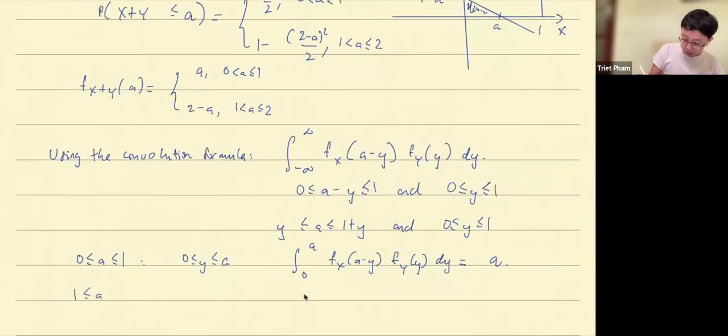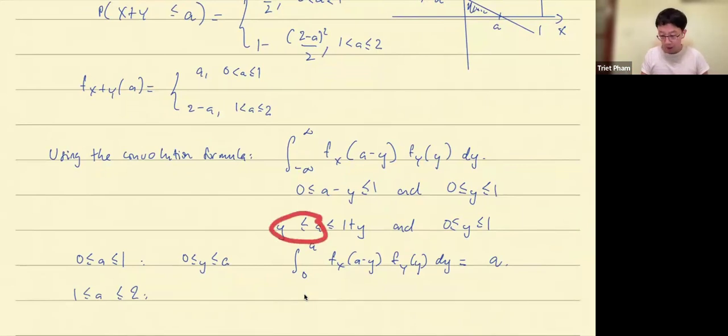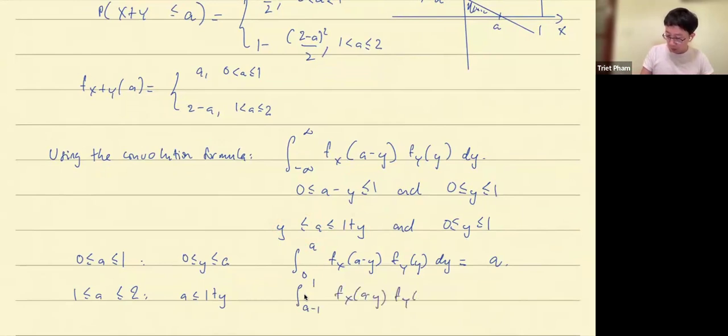But if a is between 1 and 2, then as I mentioned, this is naturally satisfied, and we only have to look at this. So y is from a minus 1 to 1, and of course they're both 1s, so that's 2 minus a.